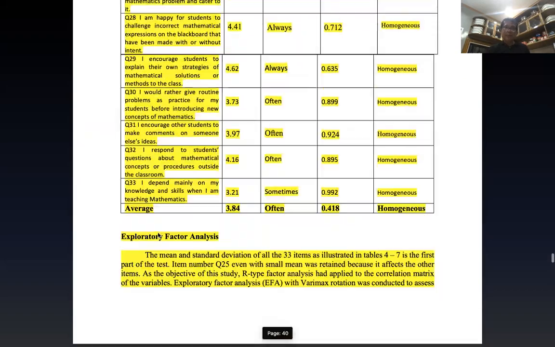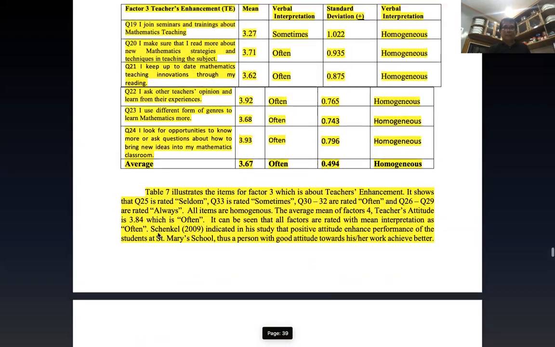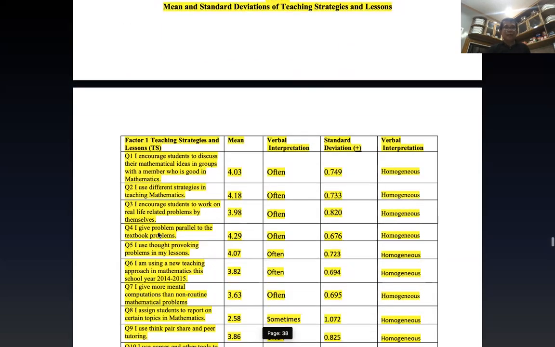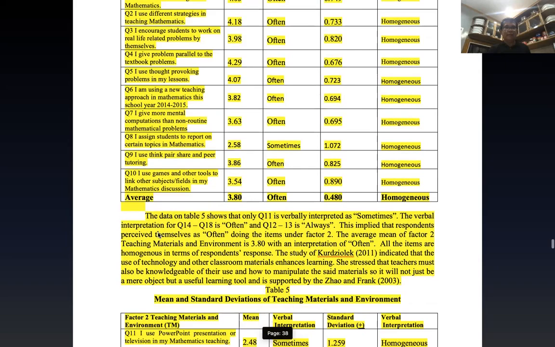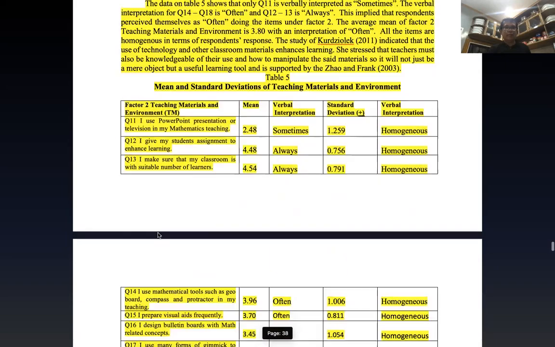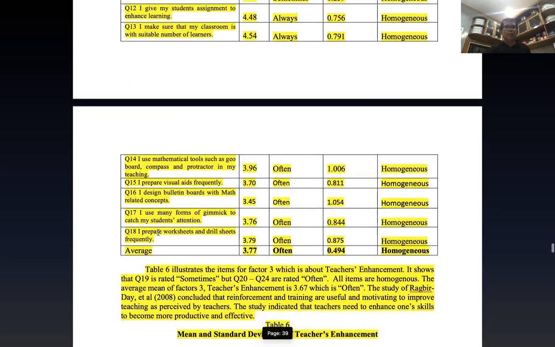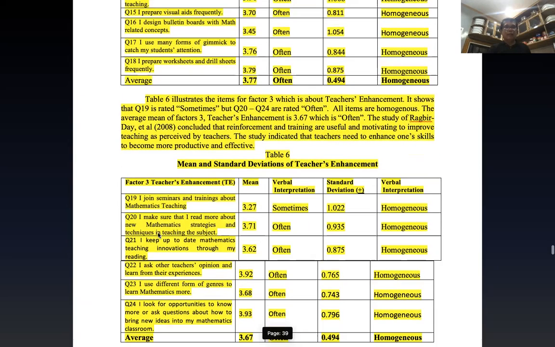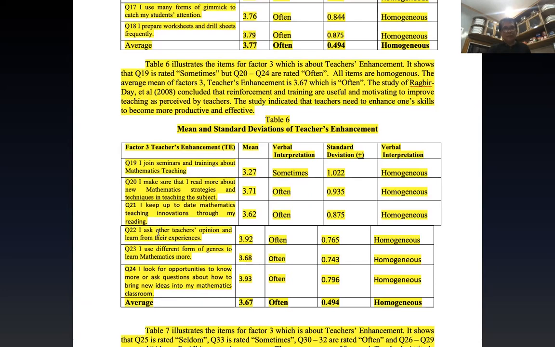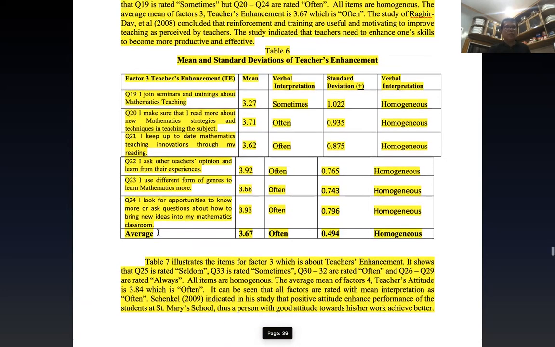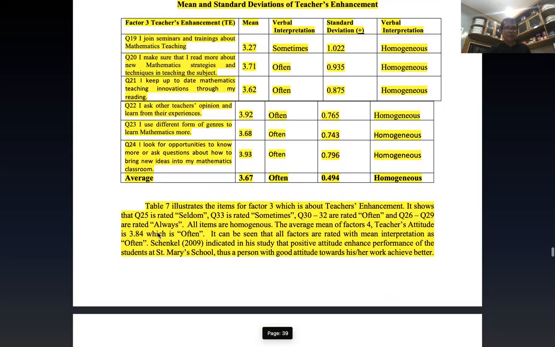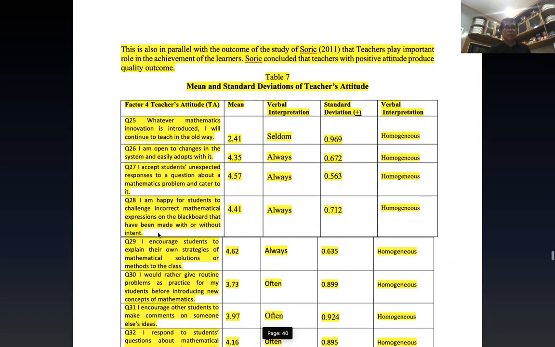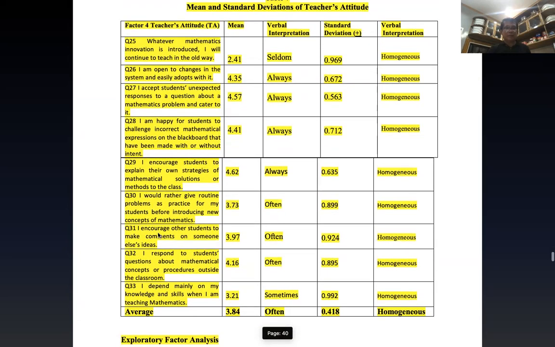But if you look at the predetermined factors, we have factor 1 composed of Q1 to Q10, then we have Q11 to Q18 for factor 2. Then from Q19 to Q24, factor 3. And from Q25 to Q33, factor 4.